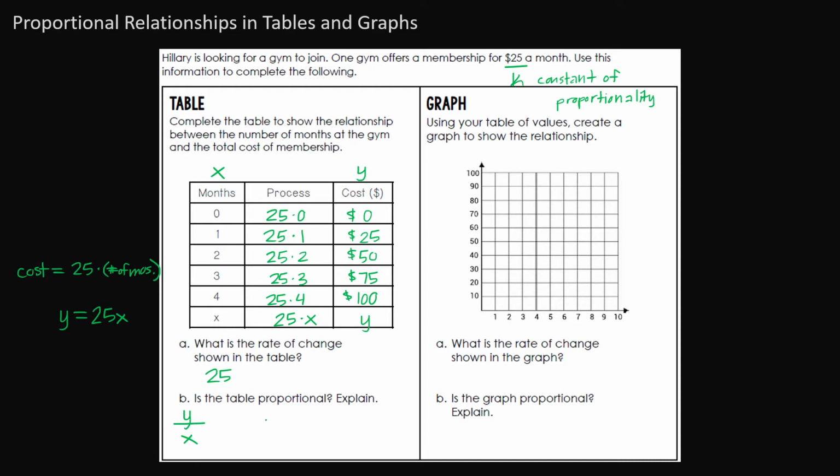So the table is proportional because y over x is constant. The constant of proportionality is there. y over x is constant.